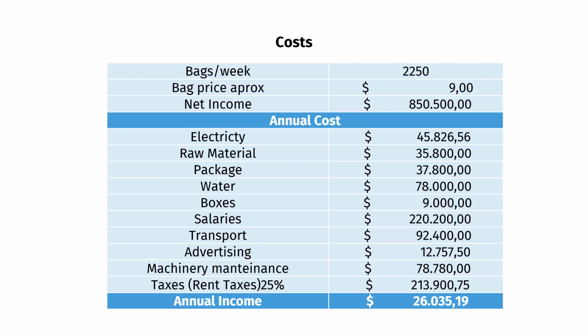Each bag will be sold to the customer at a price of $9, and therefore the total income of the factory will be $500. Among the expenses that the company has, there are expenses for electricity, water, transportation, advertising, salaries, among others, so that in the end, the profit of the company after subtracting expenses is $2,635. Next, please.